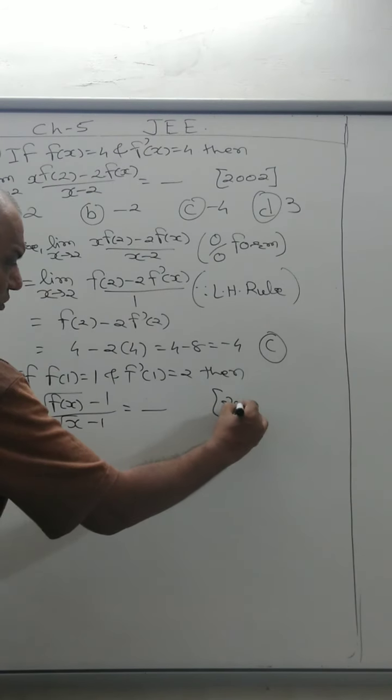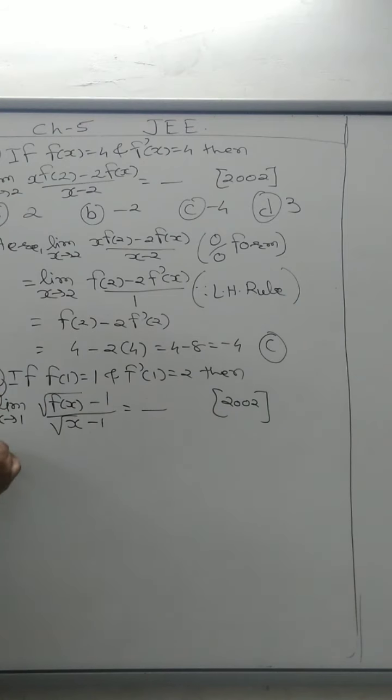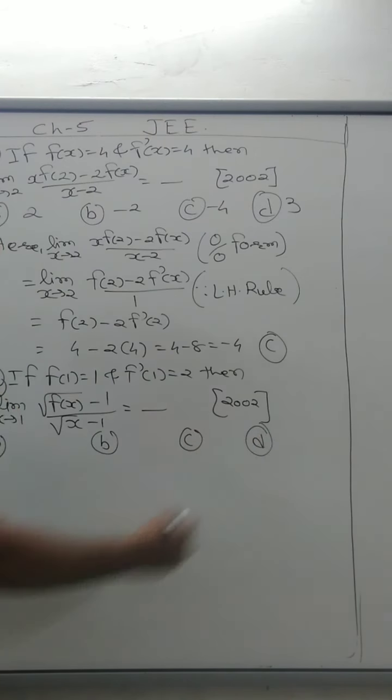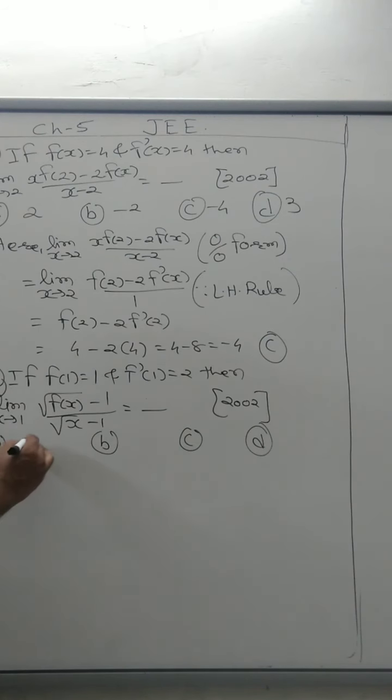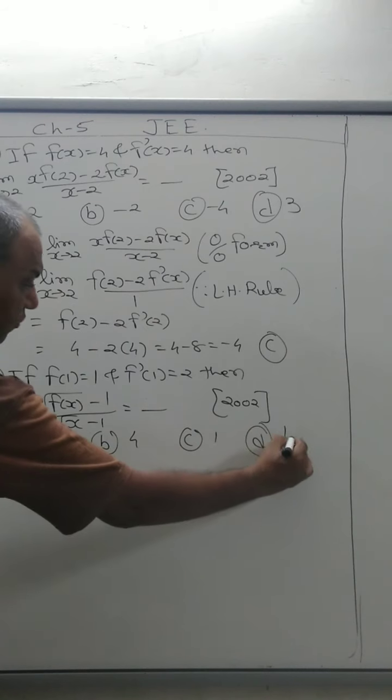This is also asked in 2002. The options A, B, C and D are given as 2, 4, 1 and 1 by 2.